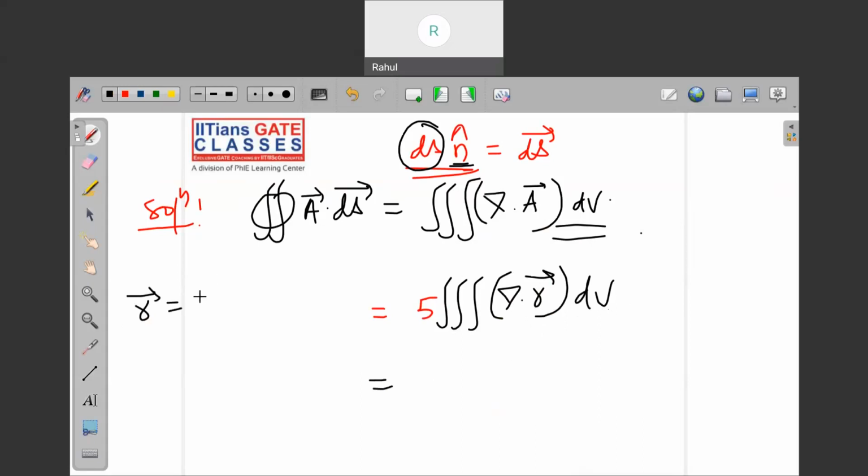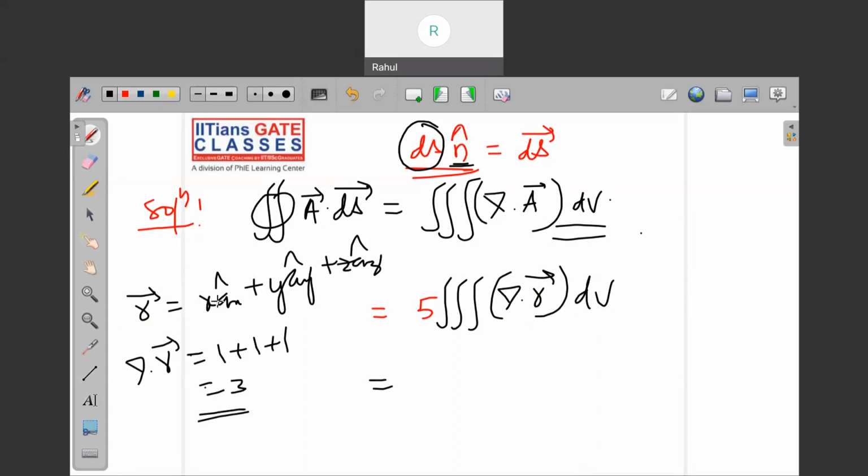But now what is the divergence of the position vector? R vector is x ax cap plus y ay cap plus z az cap. This is the position vector. So divergence of r will be 1 plus 1 plus 1, that is 3, because you take the partial derivative with respect to x for the x component, y for the y component, z for the z component. So you get 5 times 3, a constant, and this gives the volume.